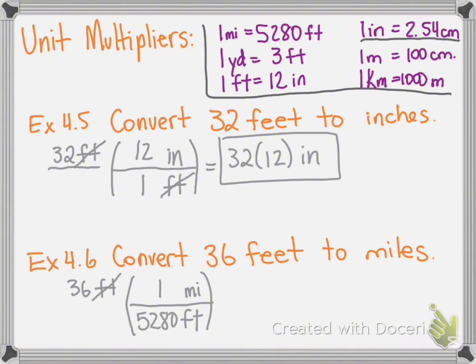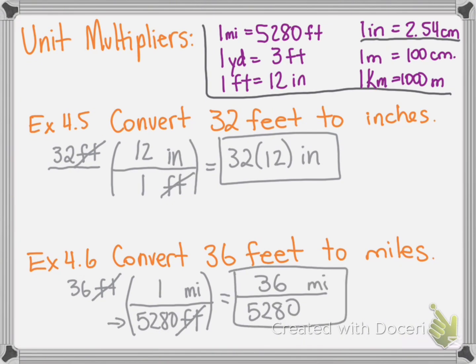And again, when we multiply, these two cancel because one is multiplying and the other one is dividing. And our answer is going to be 36 with the 5,280 in the denominator because it's on the bottom here. And miles is the unit that we need for the answer. And that's it. That's all you have to do. It's pretty simple if you follow the instructions as I'm reminding you how to do.